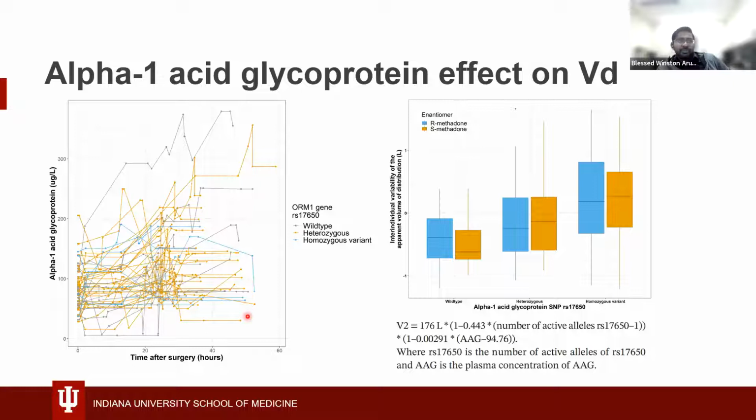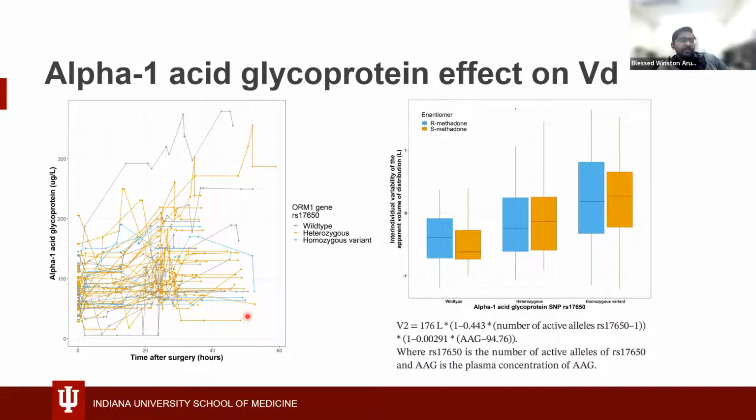There are some genotypes known for alpha-1 acid glycoprotein, but this is really old literature, and you don't find much literature on alpha-1 acid glycoprotein at all, and far less on its genotypes. There are just two SNPs which we know, and these were defined decades back.